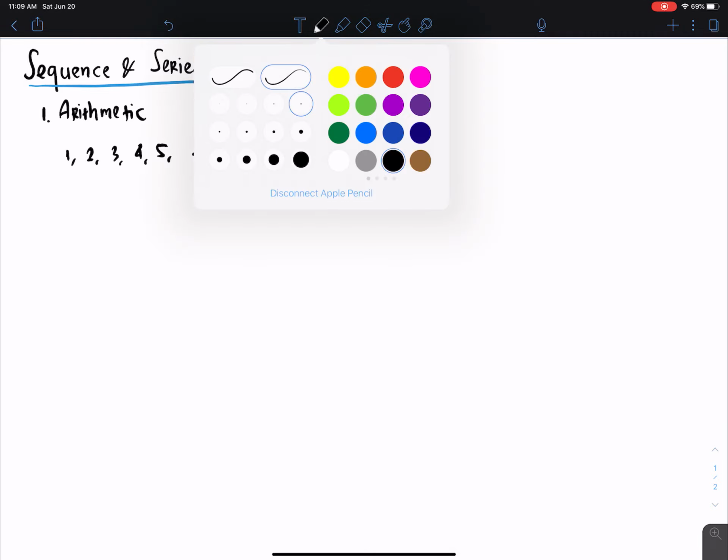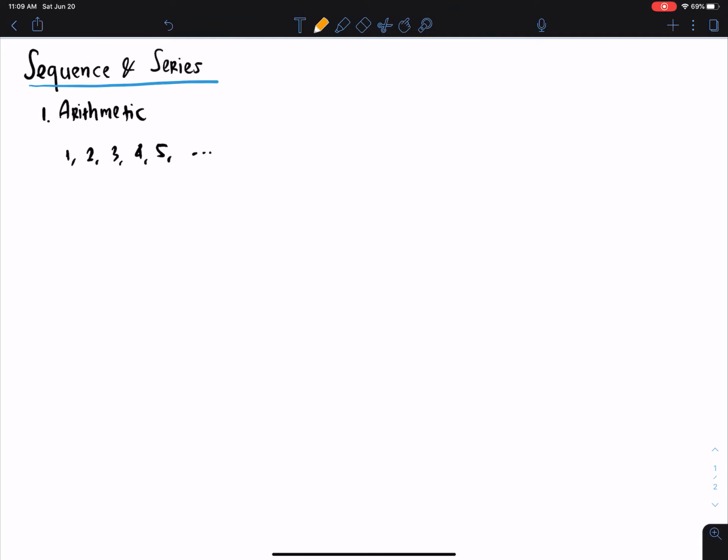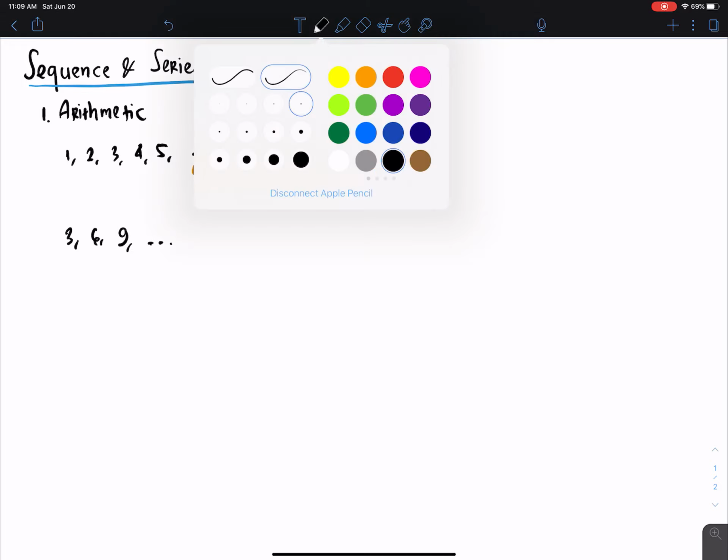It is definitely easy for us to continue the numbers. The next ones are 6, 7, 8, 9, 10. Or if the numbers are 3, 6, 9, this is also easy to see.